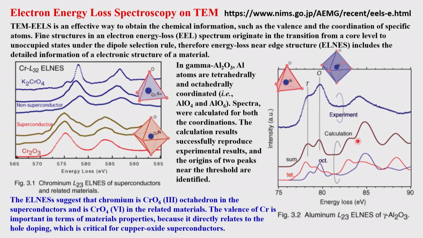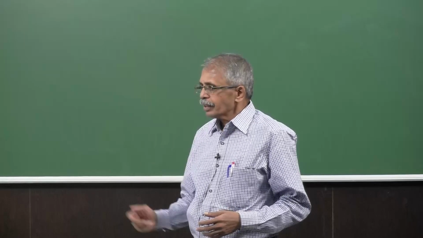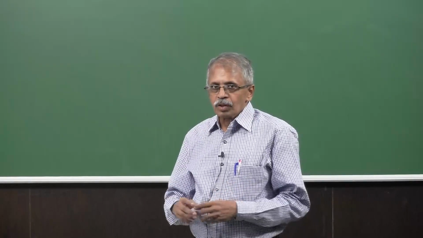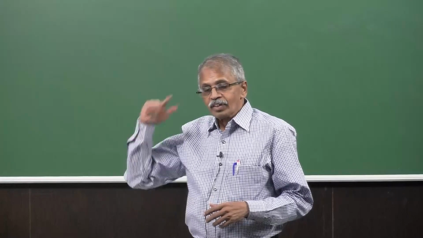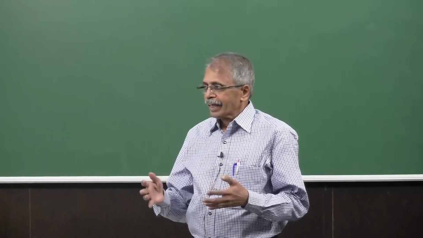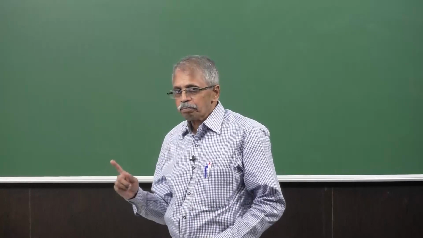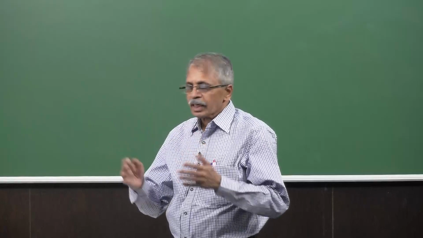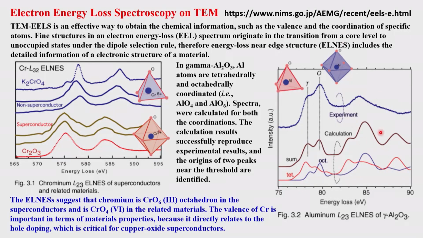I have not written it on the slide, but you can take the ratio, what proportion of tetrahedral sites and what proportion of octahedral sites are there. These are extremely important in solid state chemistry and materials science for their properties. How they fill the voids and how they make the packing all depend on the shape, geometry, size, every parameter, and the exterior charges. So that is how it is.